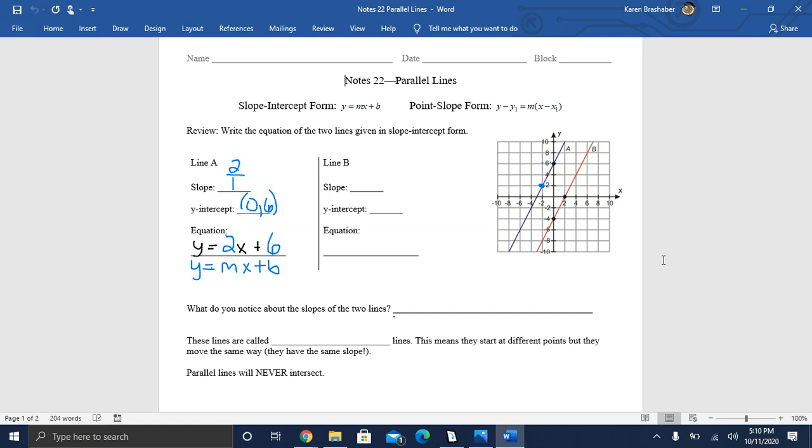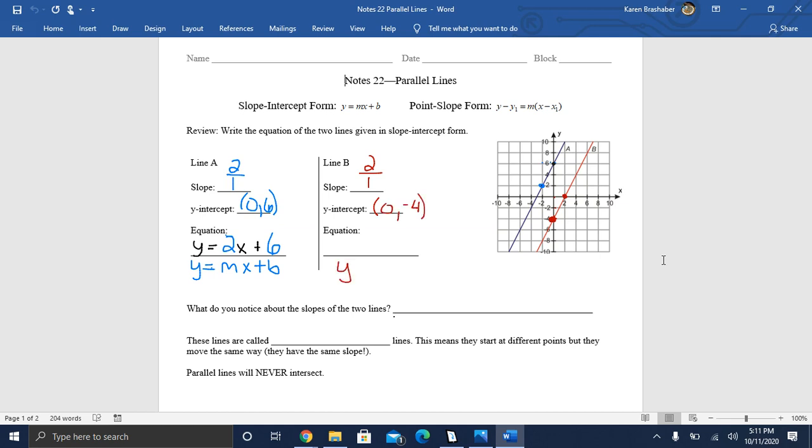All right, then we're going to look at our second line. It's in red on this graph. We have our two labeled points, always starting on the left. We start at -4. If I count up 2 and right 1, I would be at my other labeled point. So my slope is, again, 2 over 1. Now I have a different y-intercept. It crosses the y-axis at 0, -4.